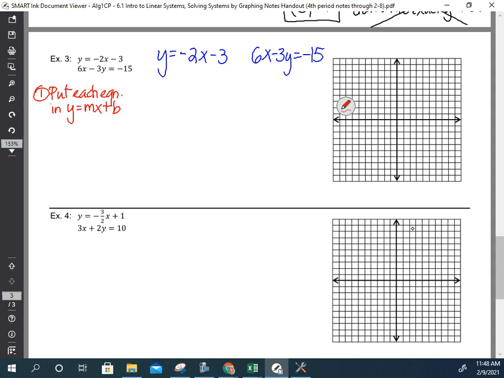The first equation is already in y equals mx plus b form. What's the slope? We need the slope and we need the y-intercept.